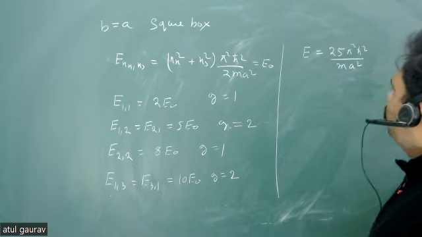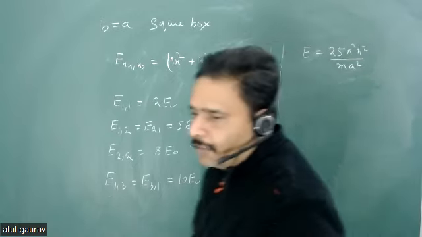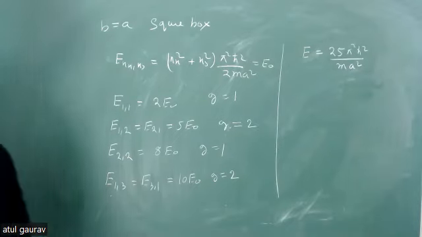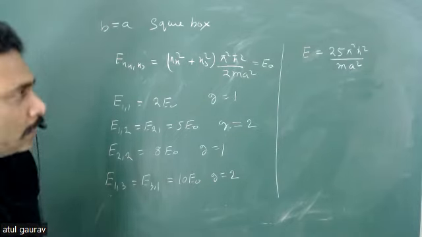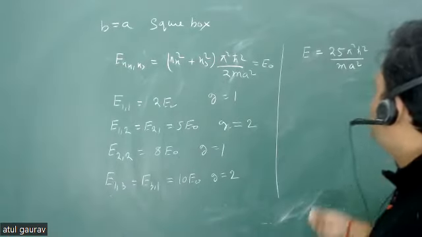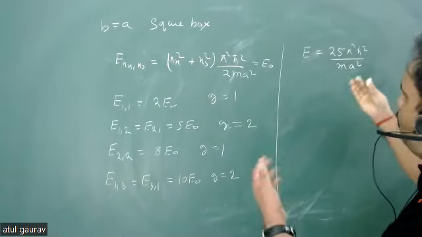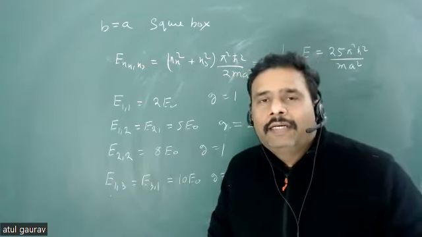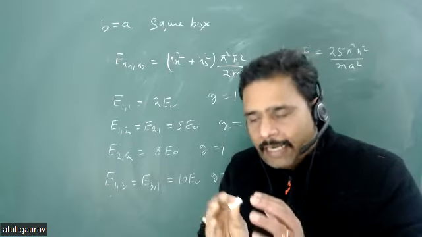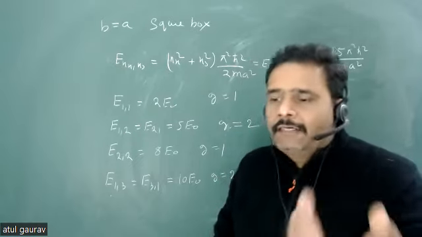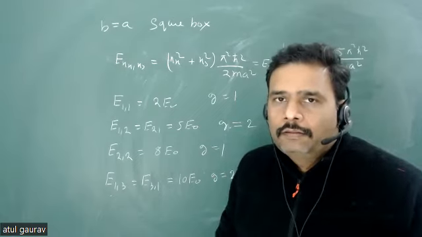So you have to calculate the degeneracy for this particular level. इस लेवल के लिए आपको क्या कैलकुलेट करना है? Degeneracy. If you want to calculate the degeneracy, mainly you have to calculate the different compositions of nx and ny such that you are getting the same number.